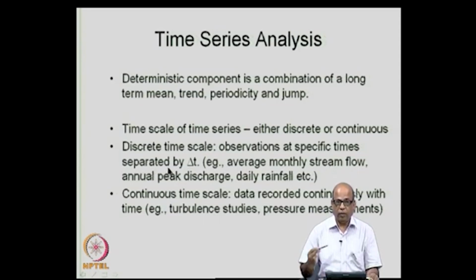That means every year we have one discharge value, chosen as the maximum of all the discharges that have occurred over that year. For daily rainfall, we measure the rainfall at, let us say, 8 a.m. in the morning today, and again tomorrow at 8 a.m., and such a sequence of observations constitutes a discrete time scale time series.